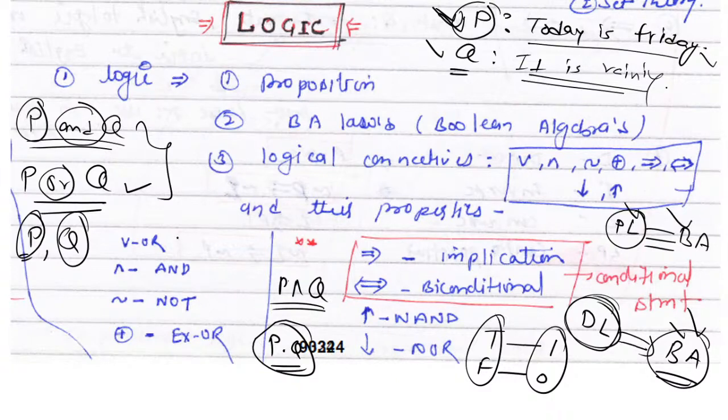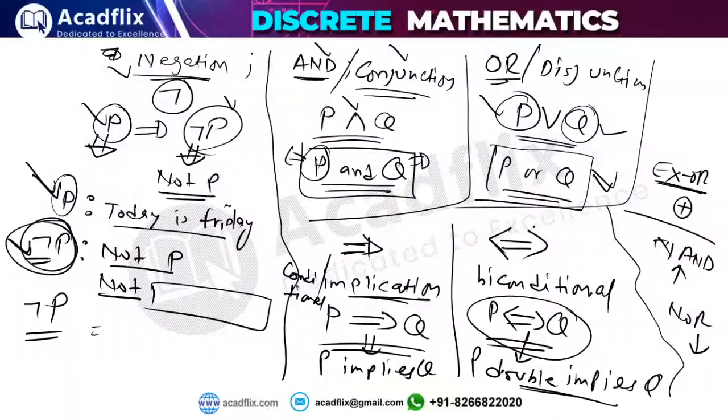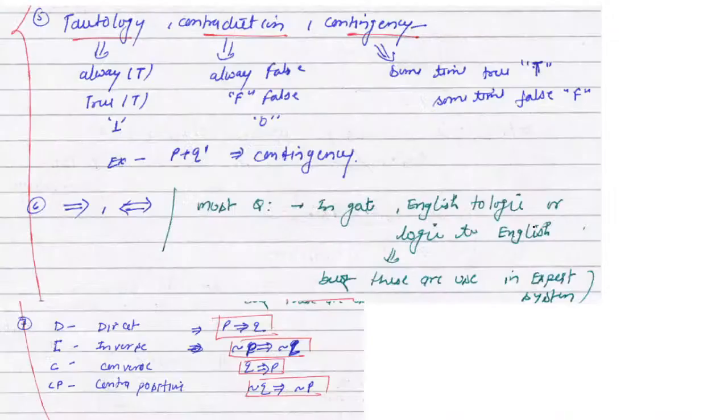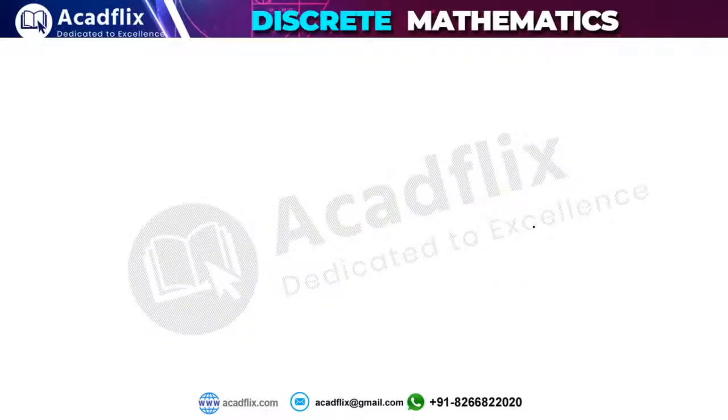Now all these operators, we have seen their names. Now let's see the truth table and the behavior of these operators. Let me tell you the behavior of these operators. Let's take one truth table, and in this truth table we will see the behavior of all these operators.